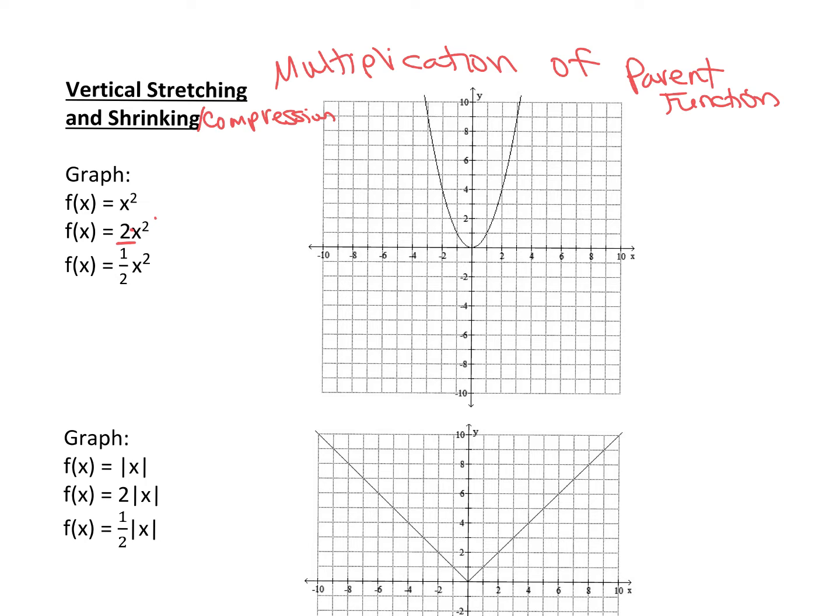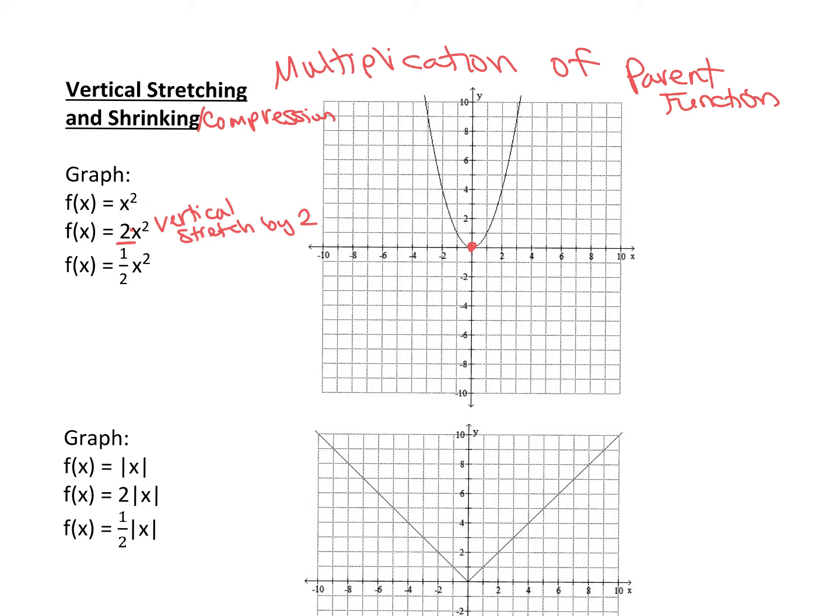So this would be a vertical stretch by a factor of 2. And so what that's going to do is that's going to take my ordered pair that looks like that, and the 0, 0 is not going to be affected, right?